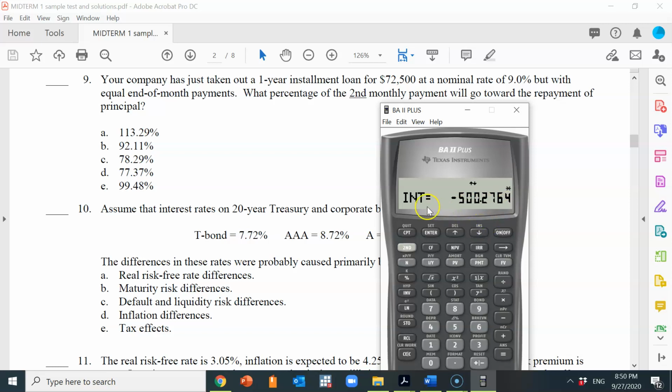We also know the interest payment for the second month is 500. So now we can just use this principal payment 5839 divided by the total payment we just calculated, 6340. We divide these two numbers, we should get option B, 92.11% of this total 6,340 is the principal payment.